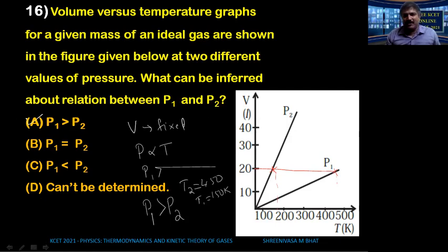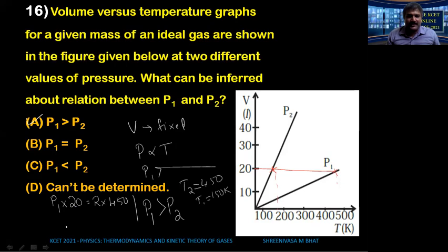We can also understand this by drawing a vertical line. Here we fix the volume. We can write the equation in two situations and divide. So if I write the equation, P1 into volume, say 20, equals R into T, where T is say 450.